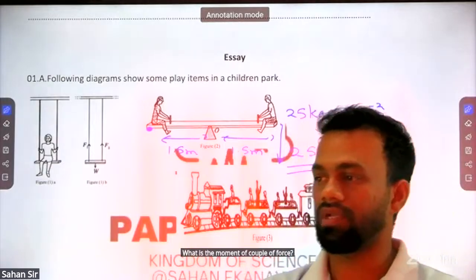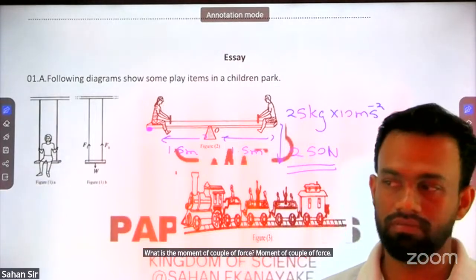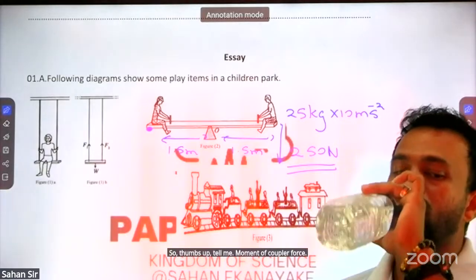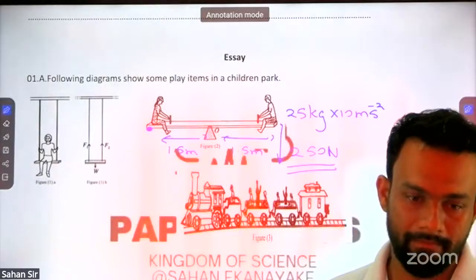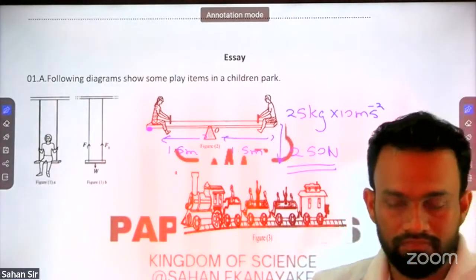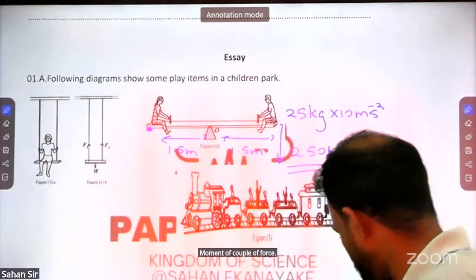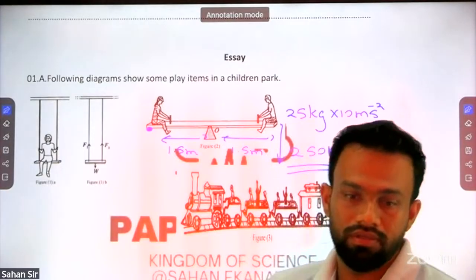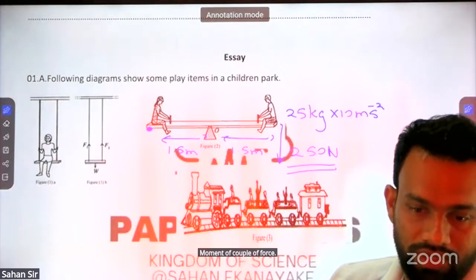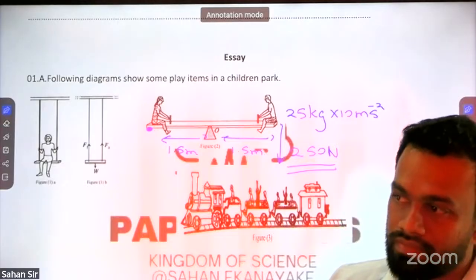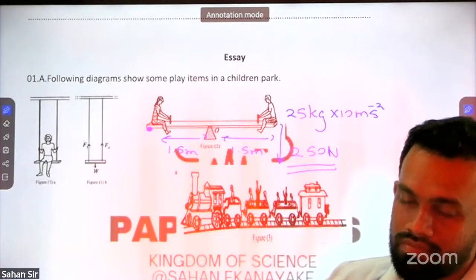Sudhamsa, tell me. Sarnithan, what is your answer?